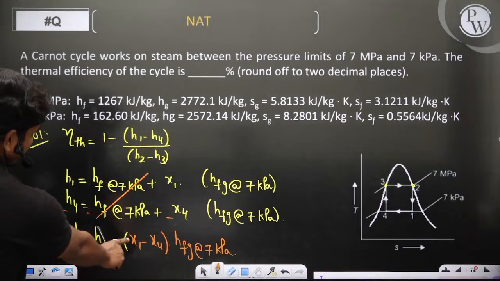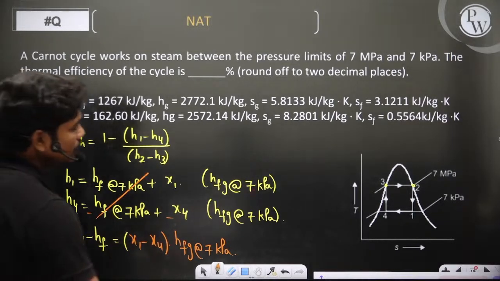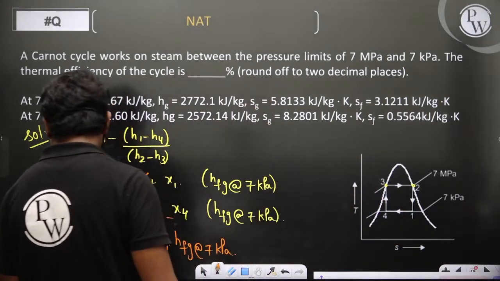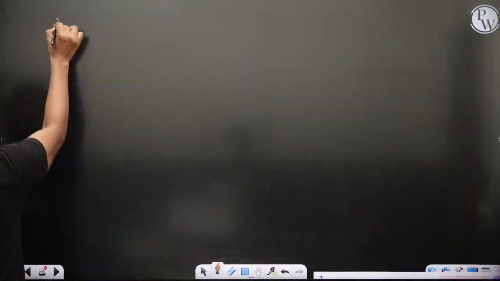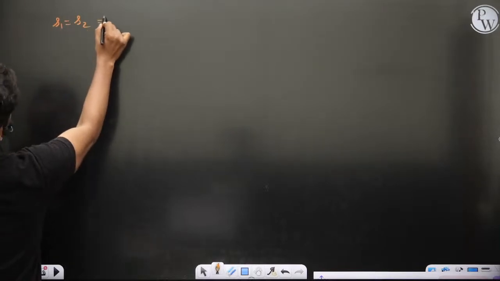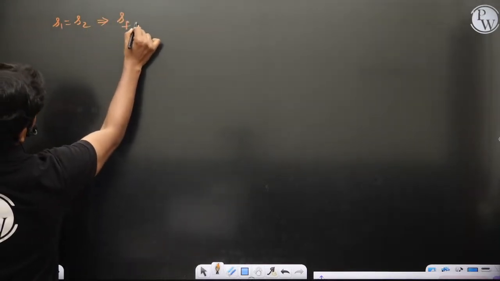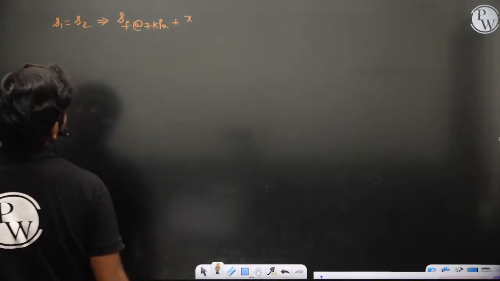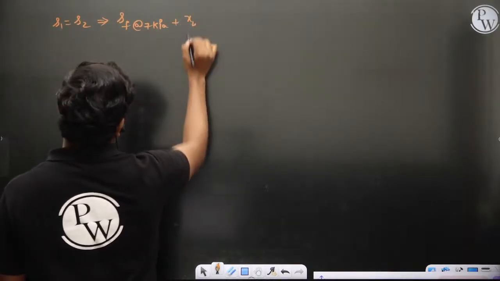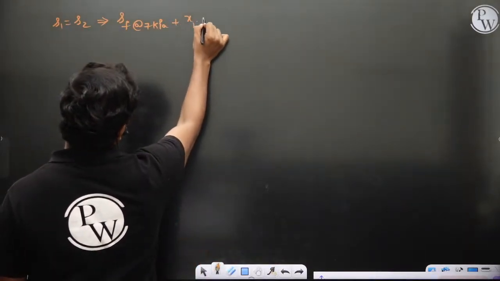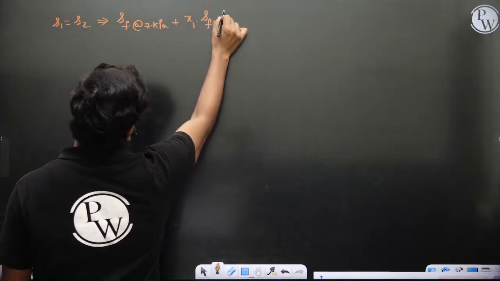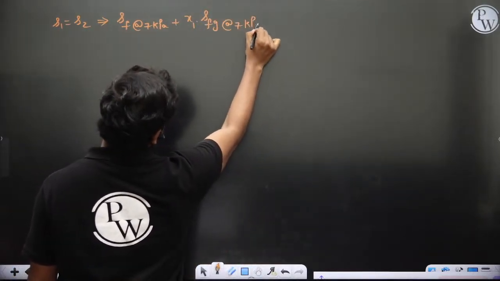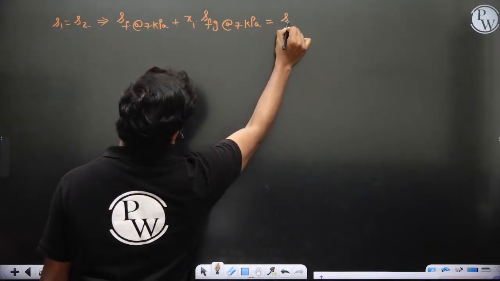Now x1 and x4, how to get these values? Clearly the processes 2 to 1 and 3 to 4 are isentropic. So you can say S1 is equal to S2. What about S1? Sf at 7 kilopascals plus x1 into Sfg at 7 kilopascals, so this is equal to S2.